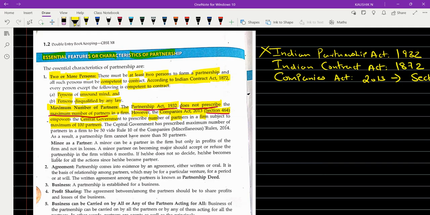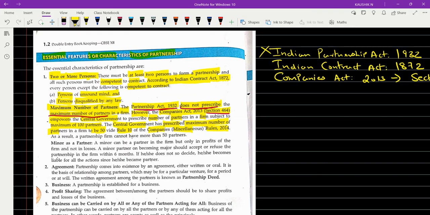Now what happens is the central government has prescribed the maximum number of persons in a firm to be 50. And this is through what? Through Rule 10 of the Companies Miscellaneous Rules 2014. Okay, so the Indian Partnership Act is not insisting you to frame any maximum number of members.